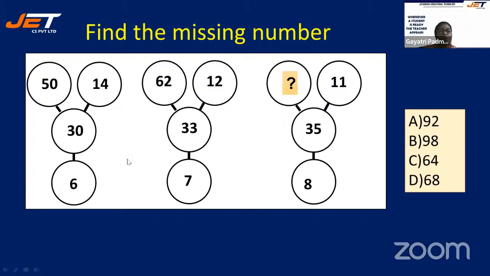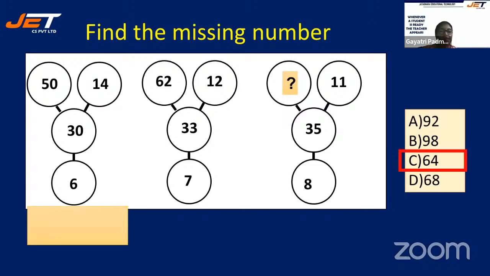So here if you see, 6 plus 30 plus 14. So what do you get? 30 plus 14 is 44. 44 plus 6 is 50. So 6 plus 30, 36. 36 plus 14.